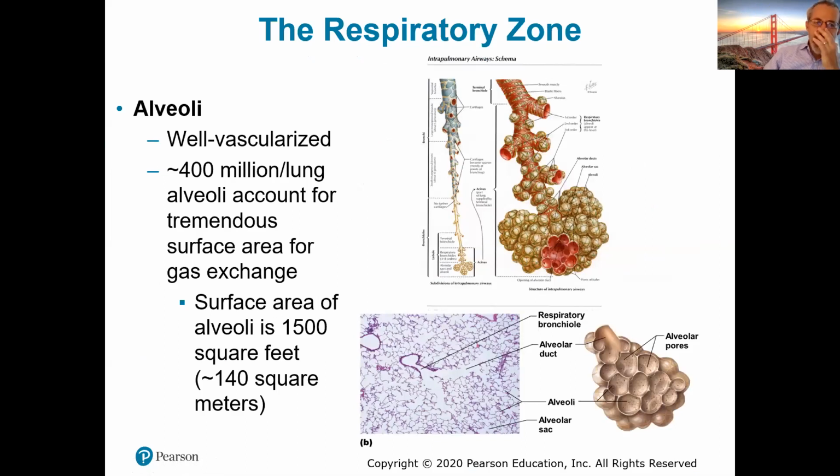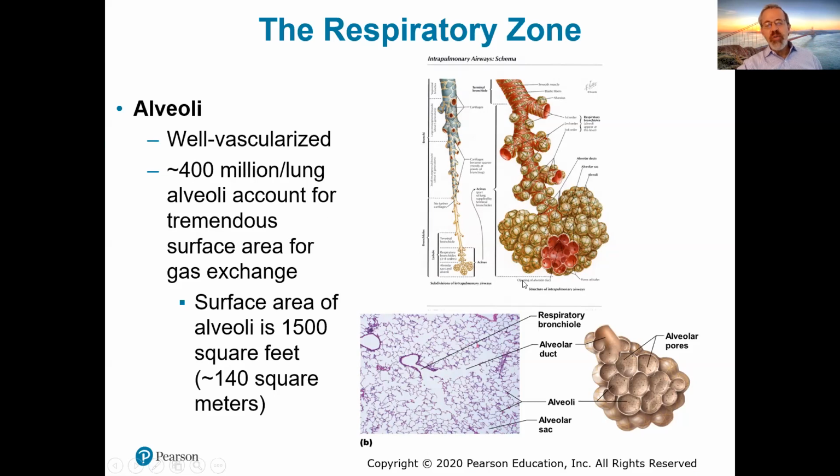All right, so what can we say about the alveoli? Well, this is true with any part of the respiratory zone. It's well vascularized. A lot of capillaries surround it. Just to give you an idea of this branching that we spoke about, remember we started off with one trachea, two primary bronchi. This eventually leads, and I know it's hard to fathom, to roughly 400 million microscopic alveoli per lung, which accounts for the tremendous surface area.